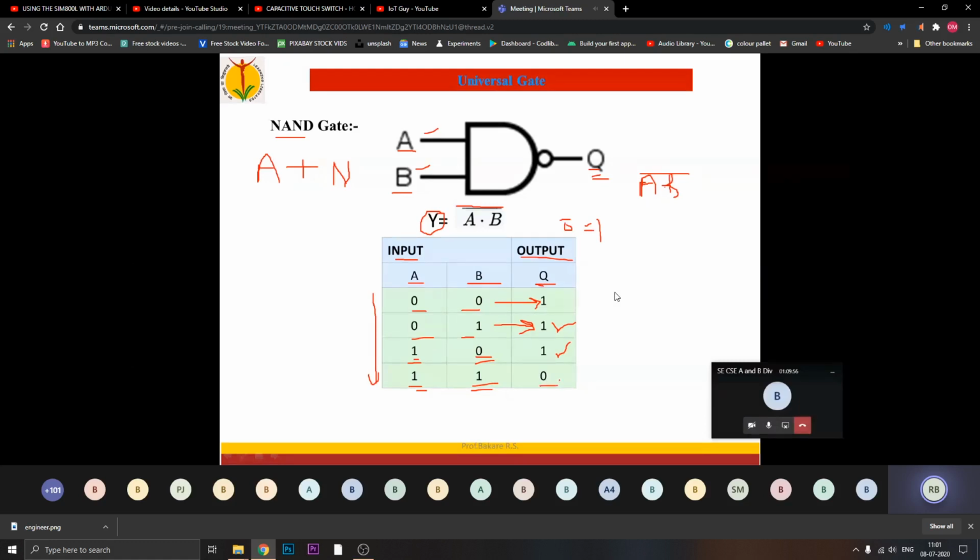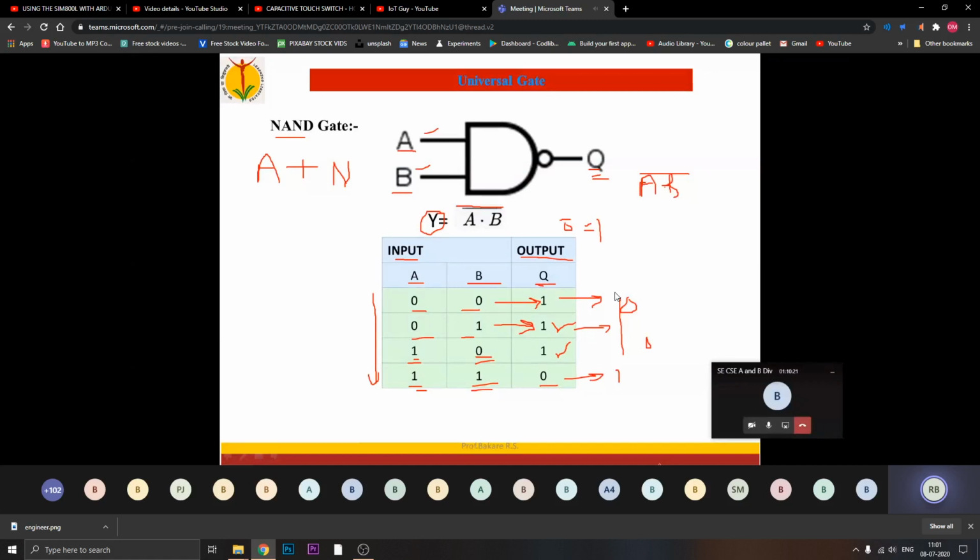Now if you remember the truth table of the AND gate, for the first three conditions we got 0. Only for the last value we got 1.